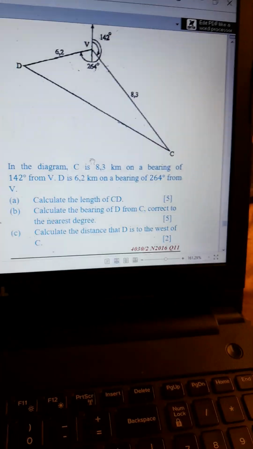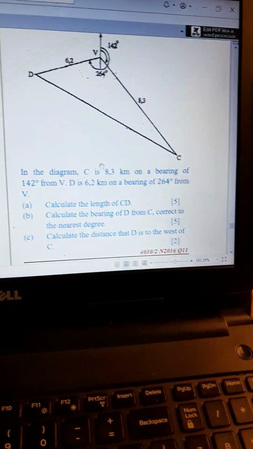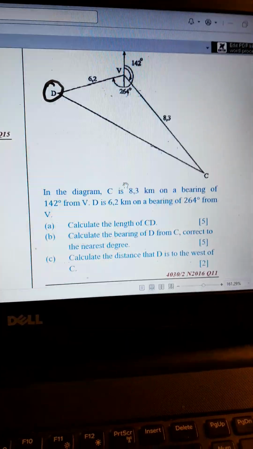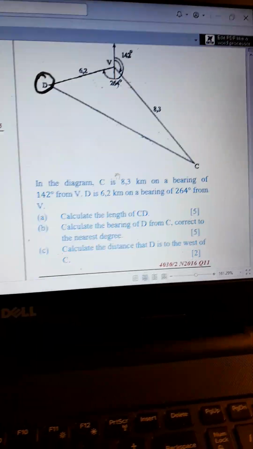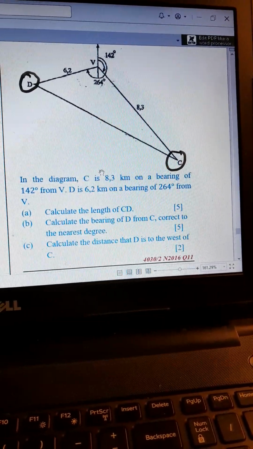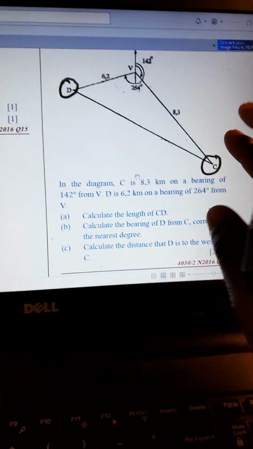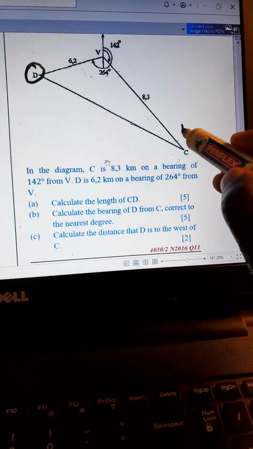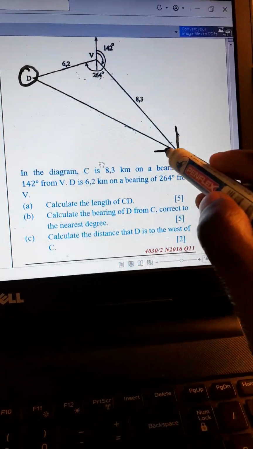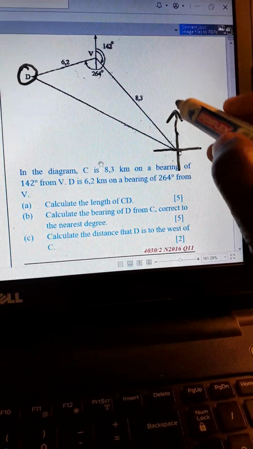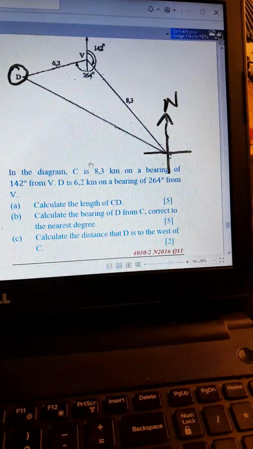If the question is saying calculate the bearing of D from C, this is our D, and that is our C. So now what you have to do is draw your compass here so that you know your directions.